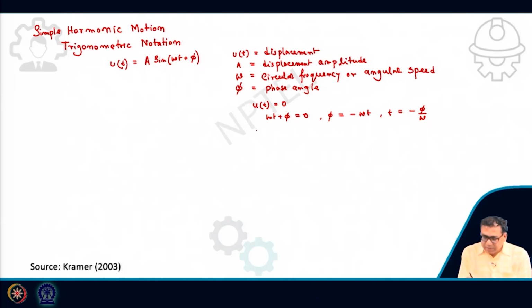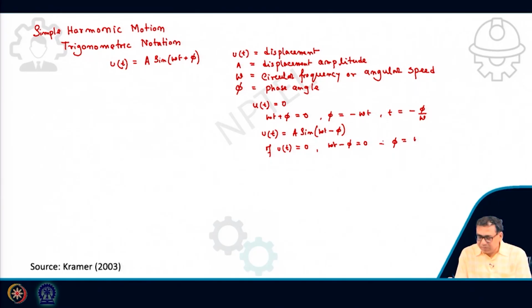Now, again this omega t plus phi, we can also write another equation: u(t) = A sin(omega t minus phi). Phi can be positive, phi can be negative also. In that case, if u(t) is equal to 0, then omega t minus phi will be equal to 0, or phi will be equal to omega t, and t will be equal to phi by omega. Okay. So, what is the meaning of these two cases?